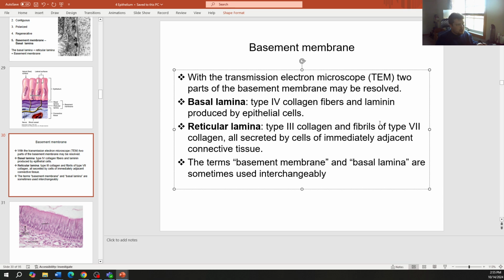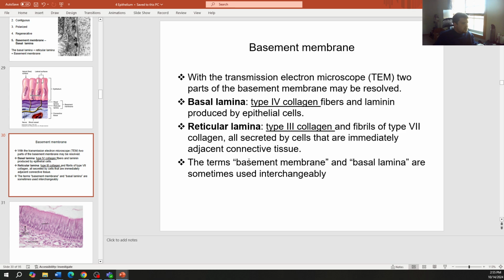The reticular lamina is made up of type 3 collagen and fibrils of type 7 collagen, all secreted by cells that are immediately adjacent to the connective tissue. So basement membrane, basal lamina, this terminology oftentimes can be used interchangeably, but when we talk about basement membrane, we want to remember that includes both the basal lamina and the reticular lamina.